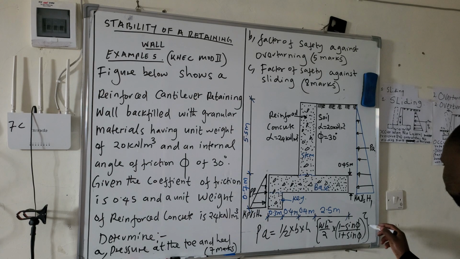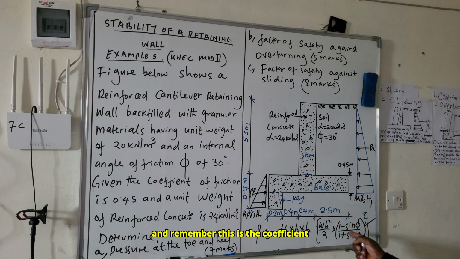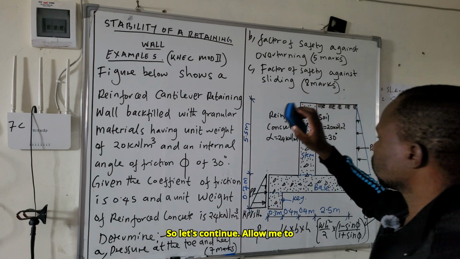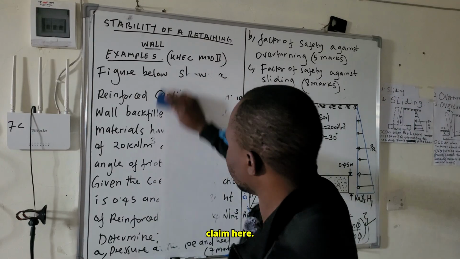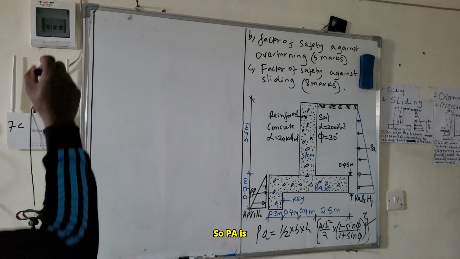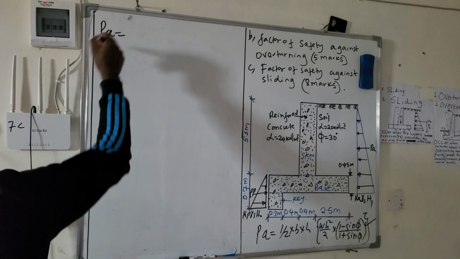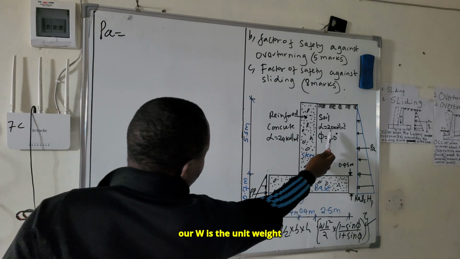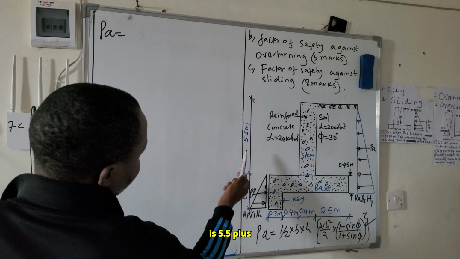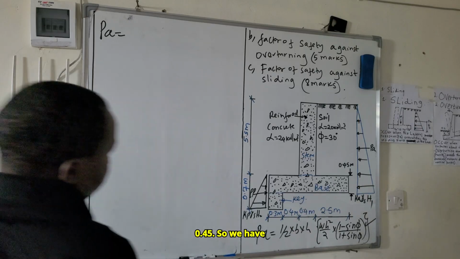So I want to use this one. And remember, (1 minus sine phi) over (1 plus sine phi) is the coefficient of active pressure, which is Ka, Rankine's coefficient of active pressure. So let's continue. Allow me to clean here. So PA is equal to, our W is the unit weight, and our H is 5.5 plus 0.45.